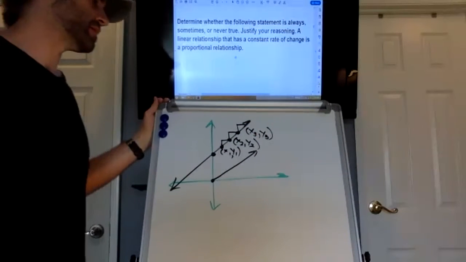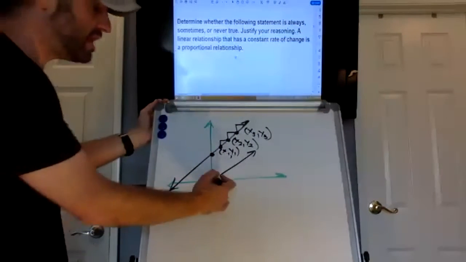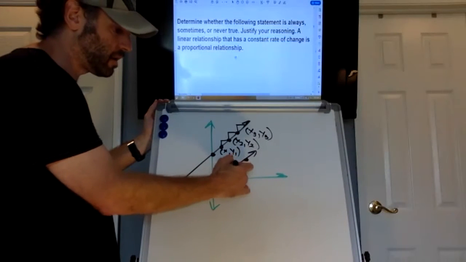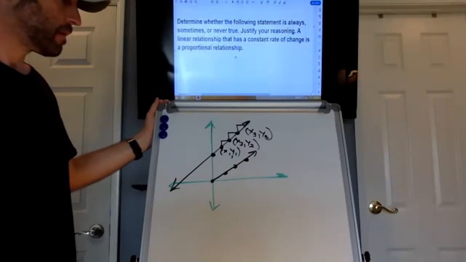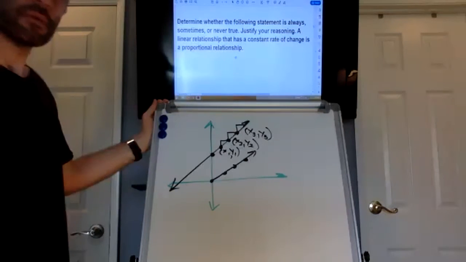What are the consequences when it's not proportional versus these x and y's along this one? You have to add or subtract something.